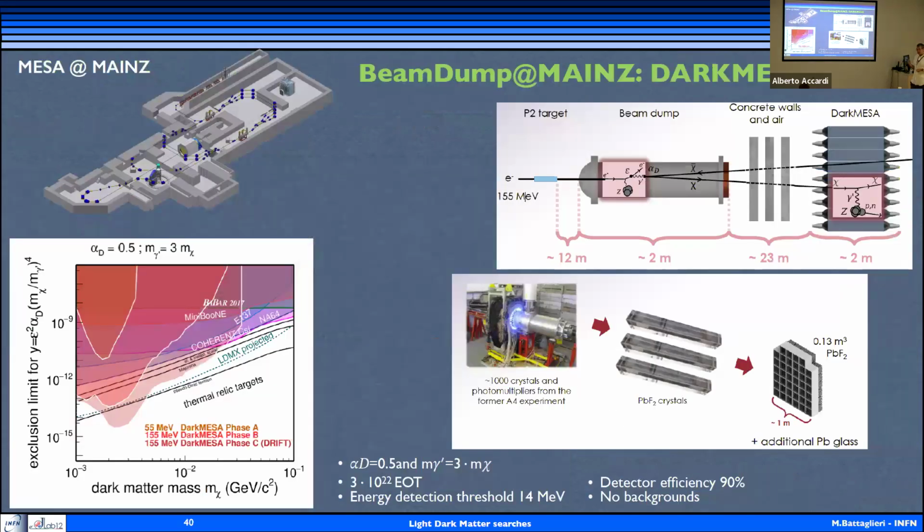And MESA in Mainz, which is proposed for the future, will continue the exclusion to the lower mass area. MESA will be an accelerator that will be operational in Mainz soon. They are building it. This is an ERL, an energy recovery LINAC, a technique that reuses the same beam multiple times.